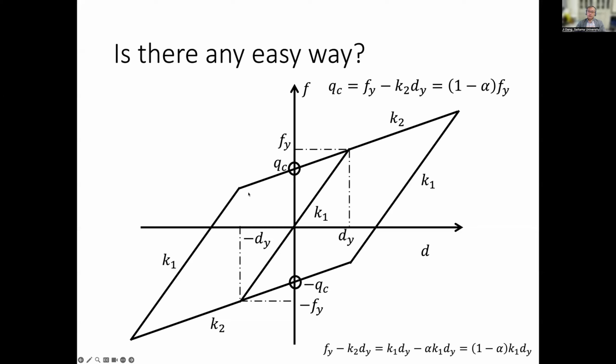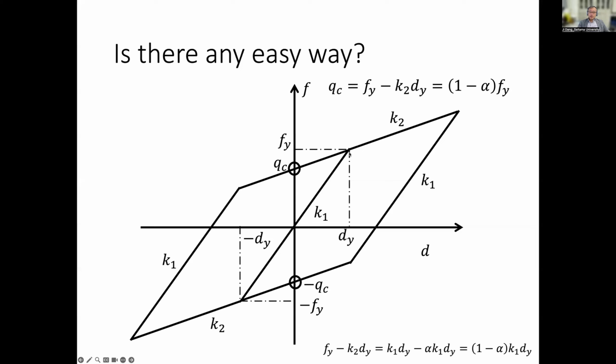So what is the critical force? We can see here is Fy. The critical force is a little bit smaller than Fy, the yielding force. So how much smaller is it? What is this? See this triangle? Remember the gradient of this line is K2. The horizontal displacement is dy, right?